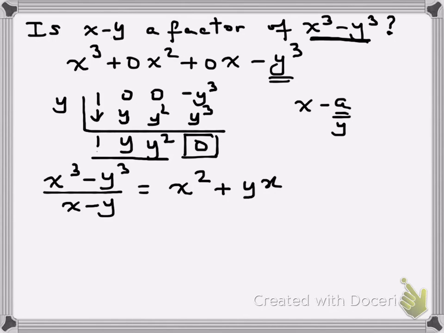And y squared represents the constant coefficient in my quotient, plus y squared. And since there's no remainder, this is the division.